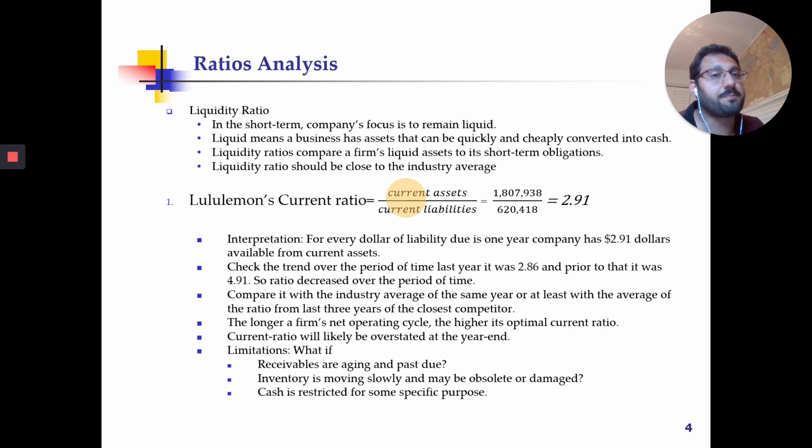For example, for Pepsi and Coca-Cola, if I correctly recall, there is some restricted cash, and that cash needs to be used only for a specific purpose and cannot be used to meet the liquidity obligations to some of the suppliers.